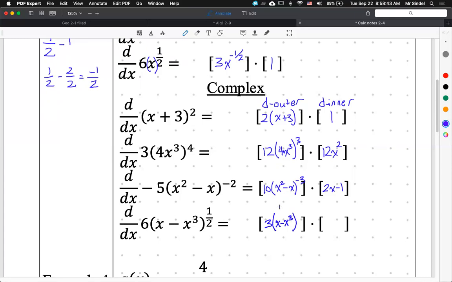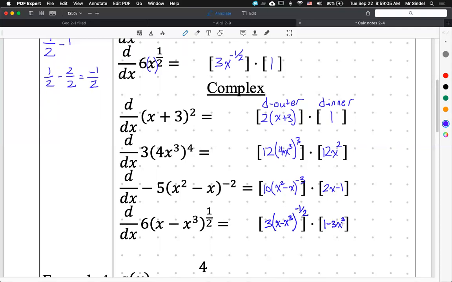Yep, keep going. Would that just be negative half? It is indeed negative 1/2, just like last time. Nice. And then Teflon, what's the dinner? 1 minus 3x squared. There it is. Good job, guys.